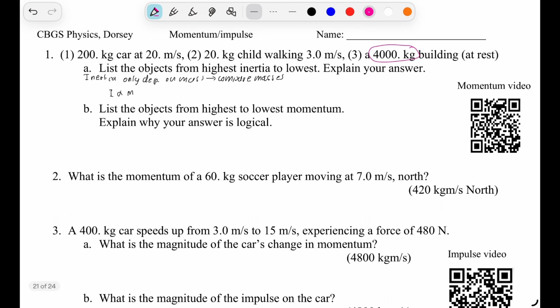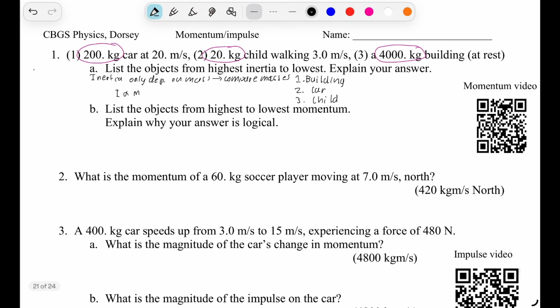The child, let's say, is 20 kilograms, and the car is 200 kilograms. So we can just order that: building, car, child. This makes sense because the more massive something is, the harder it is to change its motion.